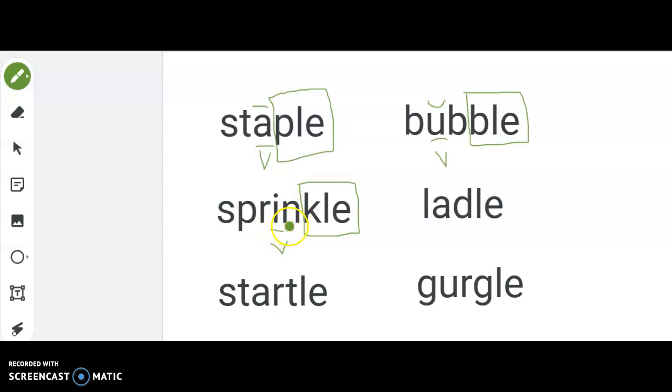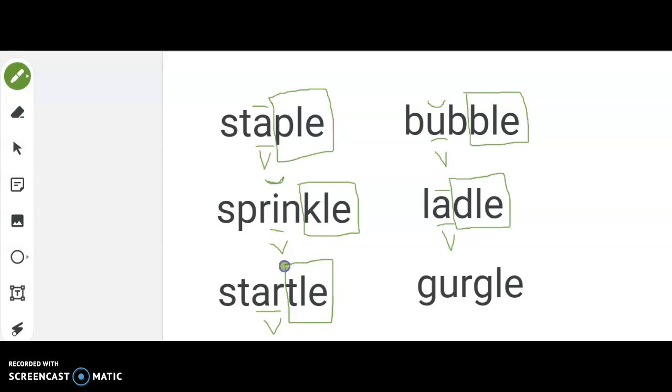My I is closed in by the N, so it gets a breve, so it's sprinkle. One, two, three. The A's open. Ladle. One, two, three.